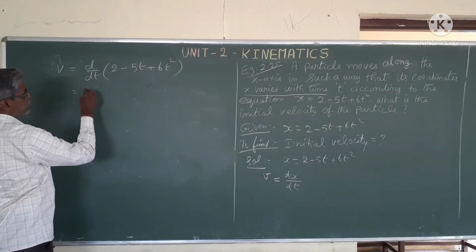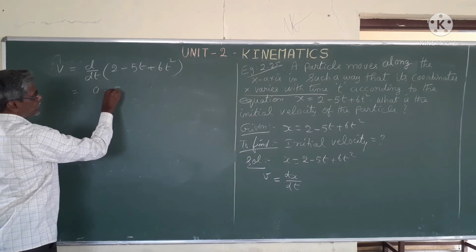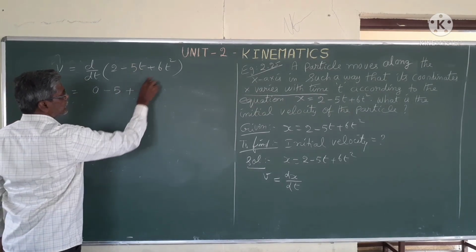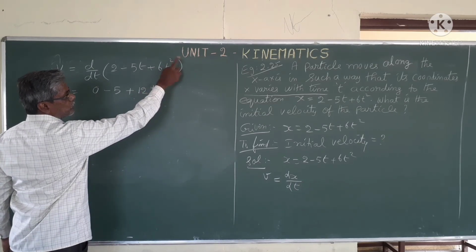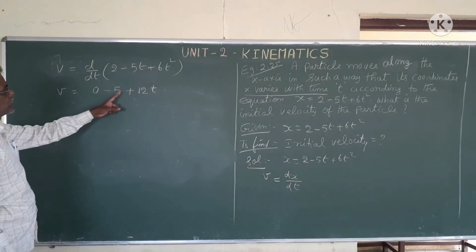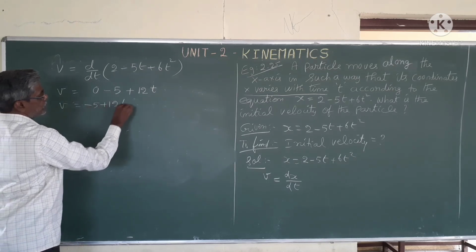Now you differentiate this. If I differentiate a constant, it becomes 0, minus 5. If I differentiate t, 1, plus 6 into 2, 12, t to the power 2 minus 1, 1. So velocity is minus 5 plus 12t.